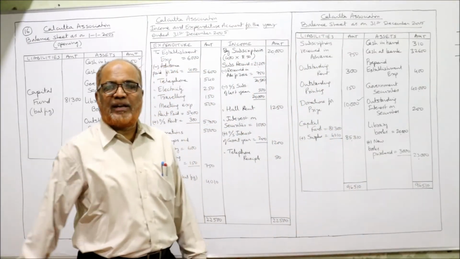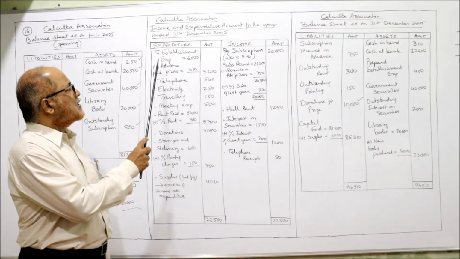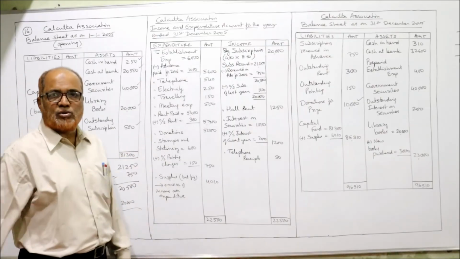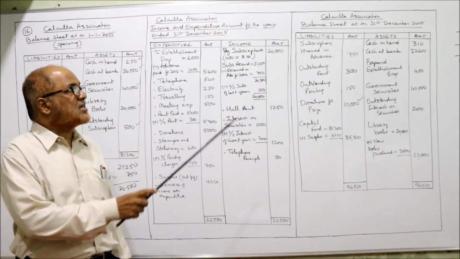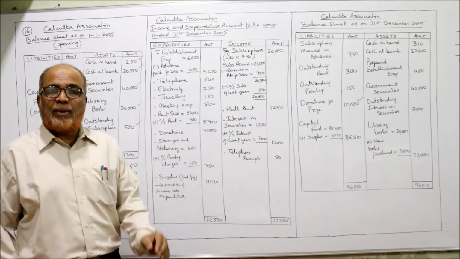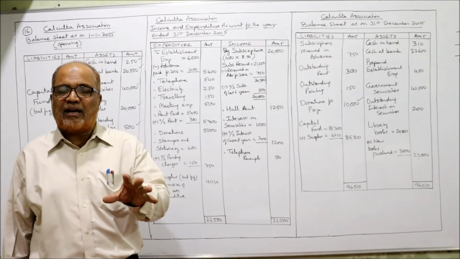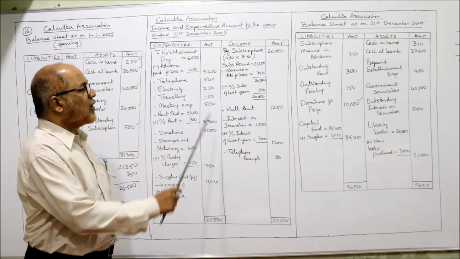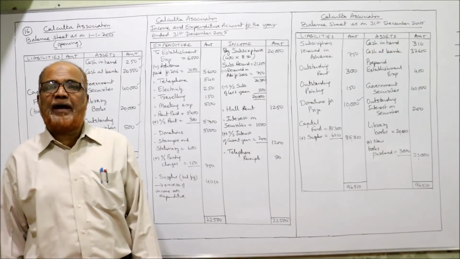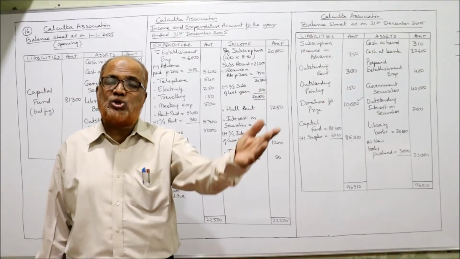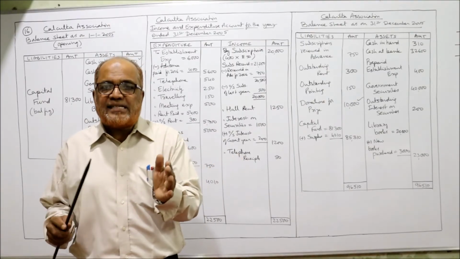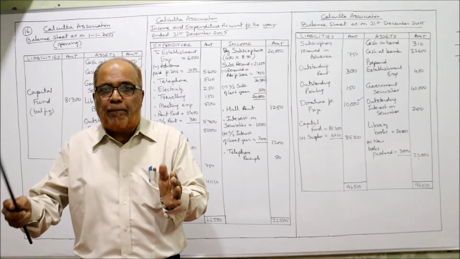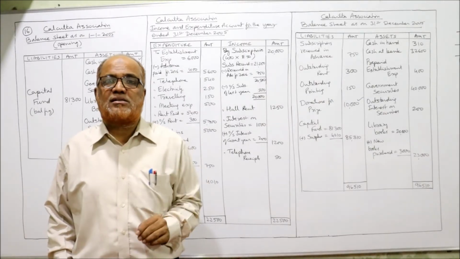Now I am coming to the income and expenditure account. Establishment expenses 6,000. On the payment side of receipts and payments you can see establishment expenses are 6,000. But in the adjustment it is given, in brackets, 400 rupees are prepaid, paid for the year 2006, the next year. That means establishment expenses have been paid in advance.